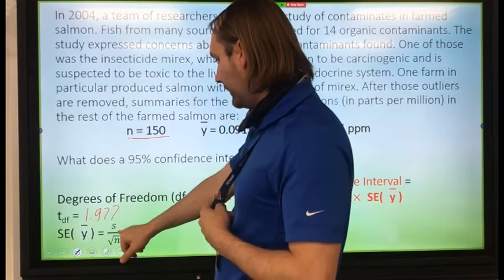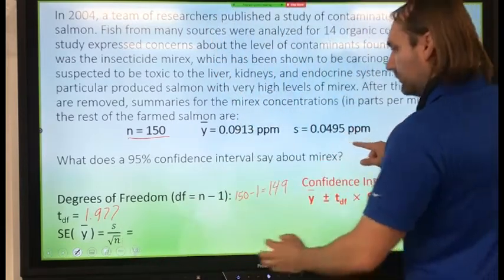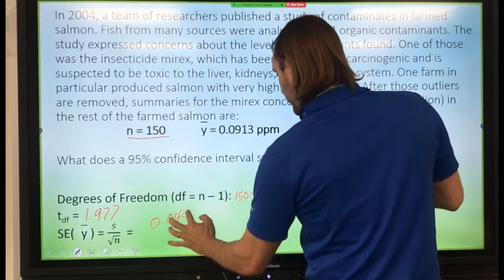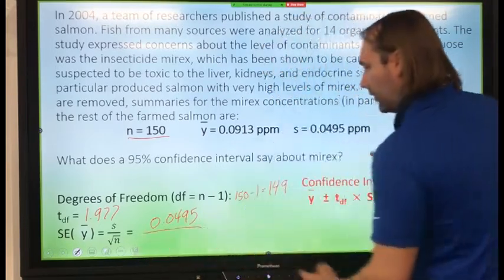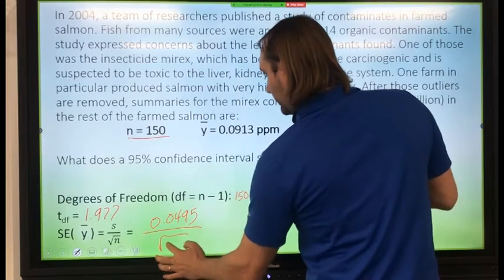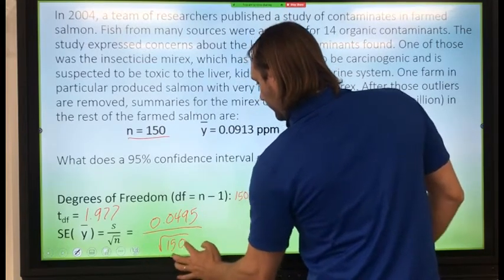My standard error is my S value, 0.0495 over the square root of N. There we go, 150.